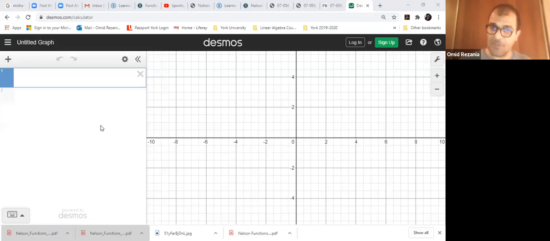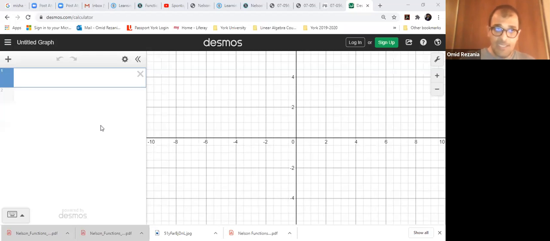Guys, please listen very carefully to this part, because if you haven't used it before, I'm going to show you how to use a graphing calculator, which is essential for the rest of the term with me. Look at this. I'm going to share my screen and take you to my Internet browser, which is Google Chrome.